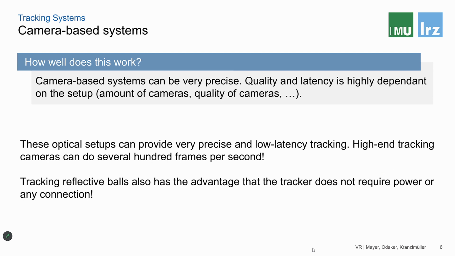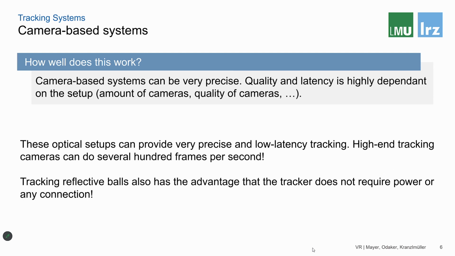Well, basically with camera-based systems, they can be very, very good, but it depends highly on the cameras that you use. So you need a certain amount of cameras. It works with 2, but you want 3 or 4 at least, so that you get various different angles. That is important just in case you have some occlusion.